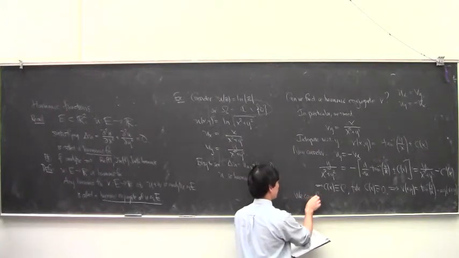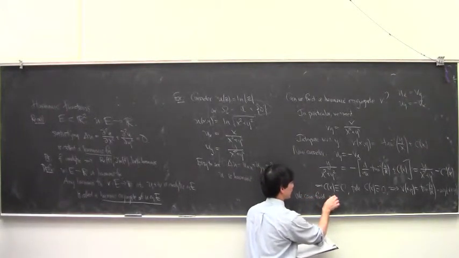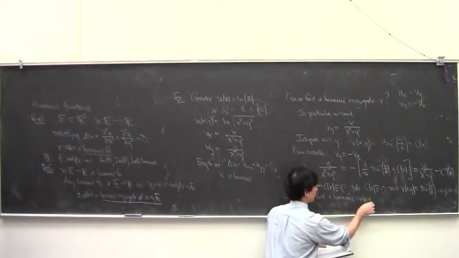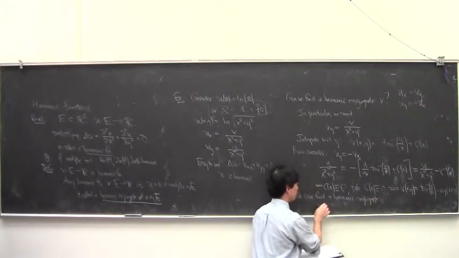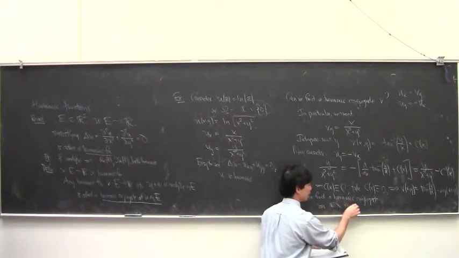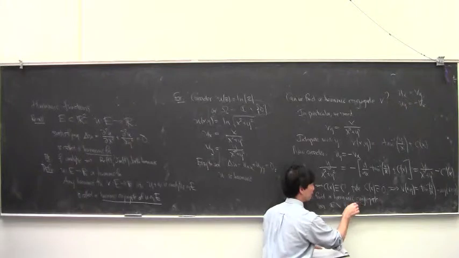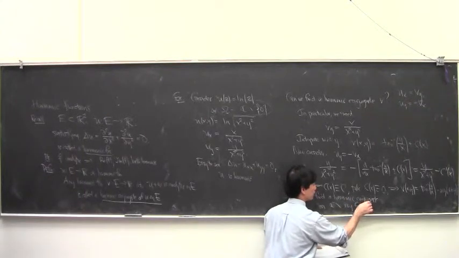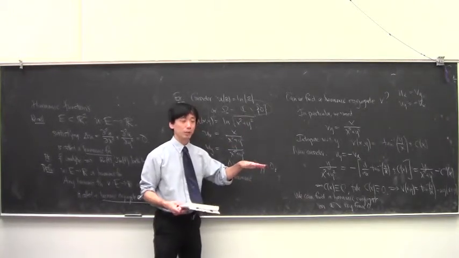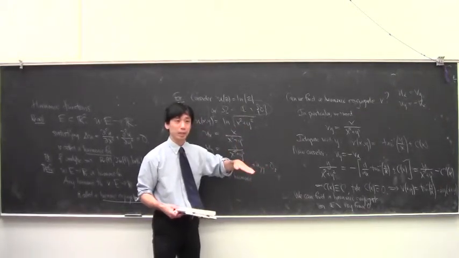We can find a harmonic conjugate on the complex plane minus some ray emanating from the origin, because then you never have the trouble of going all the way around and coming back to the same place.